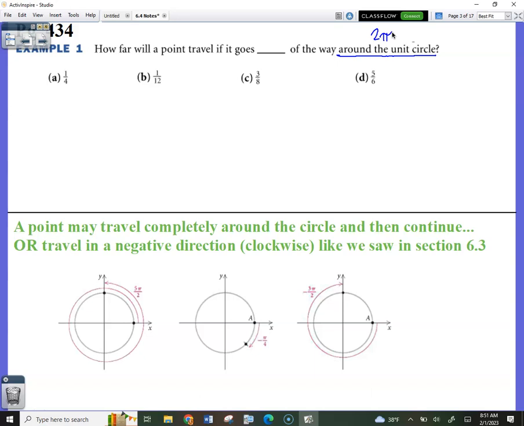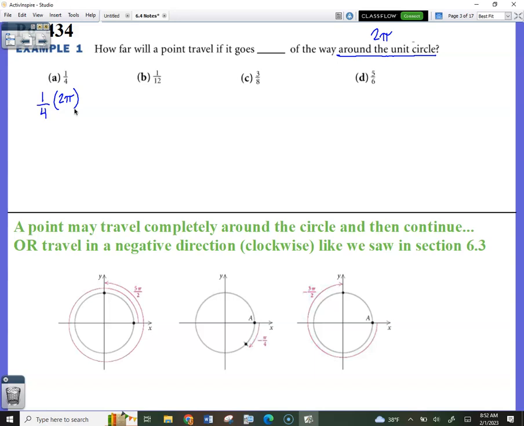So we are just finding what fraction of 2 pi here, and we're just cleaning it up. So if I go 1/4 of the way, then I'm saying what's 1/4 of 2 pi. Keep it a fraction. If you need to, you can go to your calculator and do this using the fraction shortcut, or you could just visualize in your head.